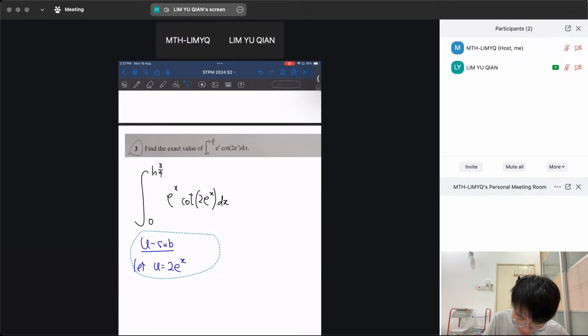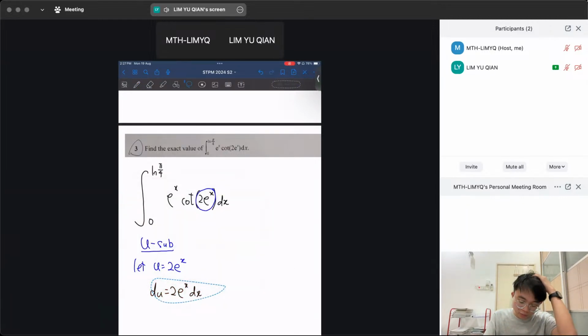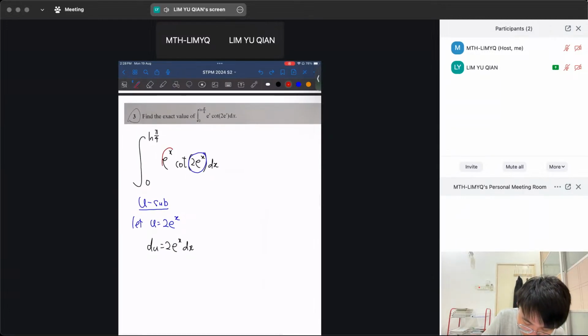So substitute it. Then differentiate: du equals 2e^x dx, and we put e^x and dx together. Normally I just circle like this.